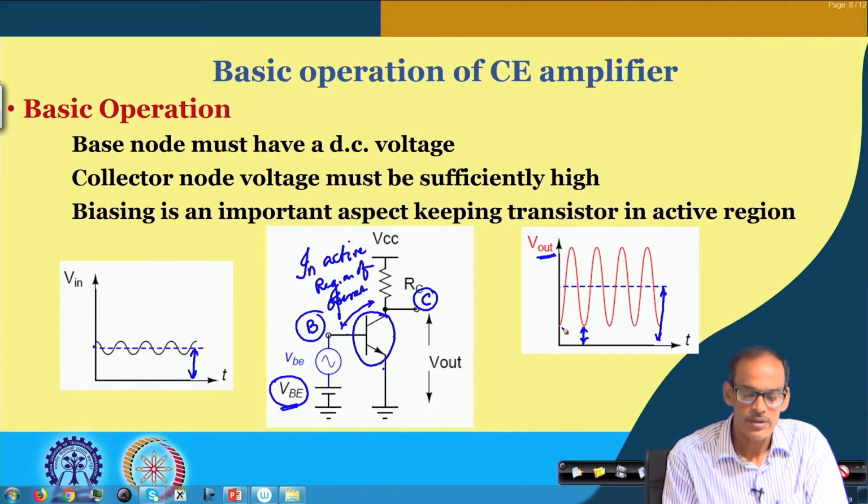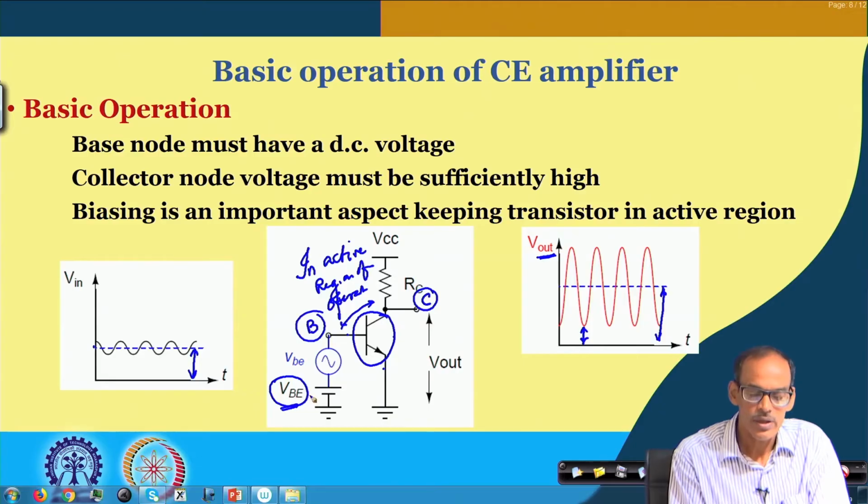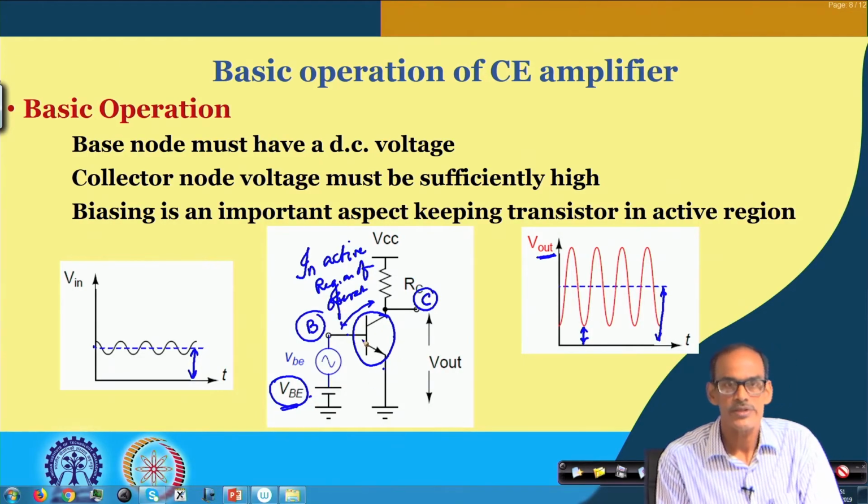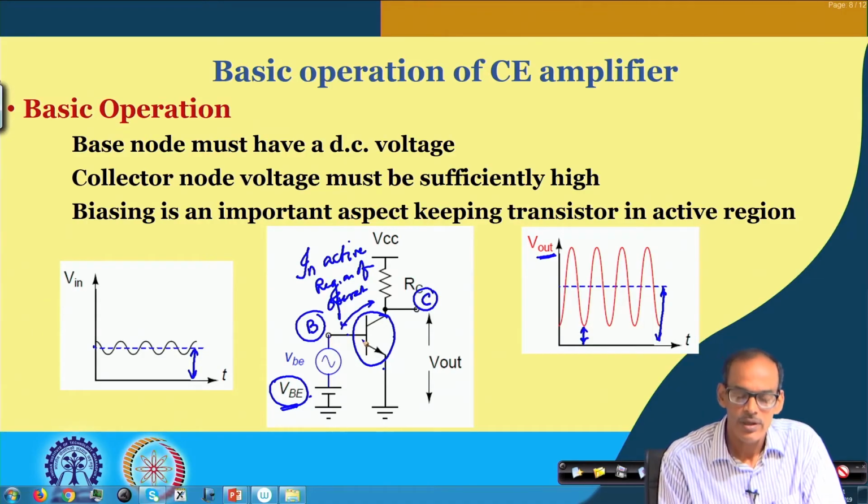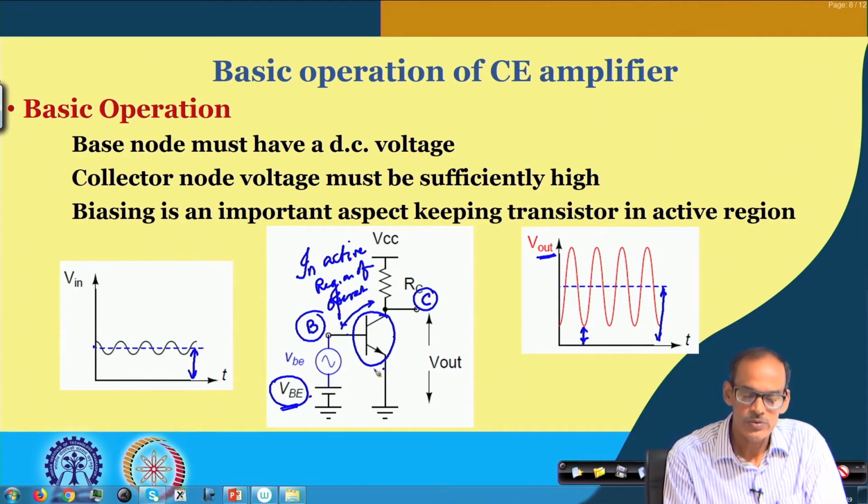The second thing is that the DC voltage here should be appropriate so that the base emitter junction gets forward biased, and for that bias the DC collector current flows through the transistor, which incidentally flows through this RC.